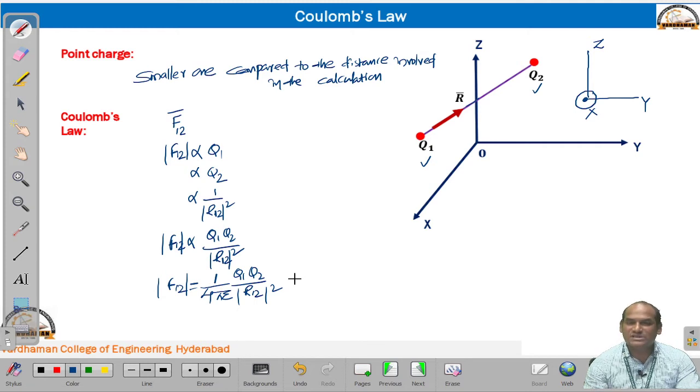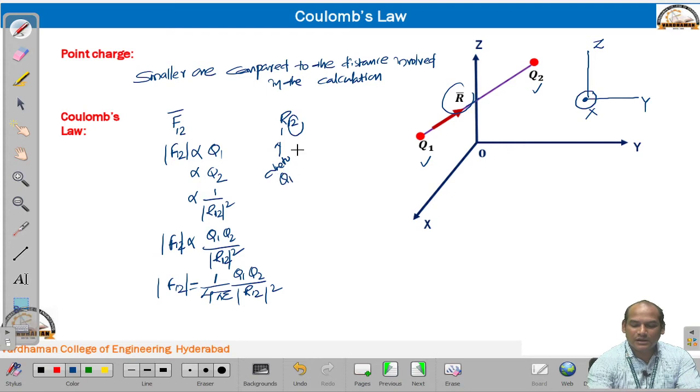So, the force is along the line which is joining the two point charges, so we have to consider the line vector joining the two point charges, which is already given here, that is r bar or r12 bar. Why r12 or F12? The second suffix indicates on which charge the force is acting, and the first suffix indicates due to which charge. So, this is due to charge q1 and this is on charge q2.